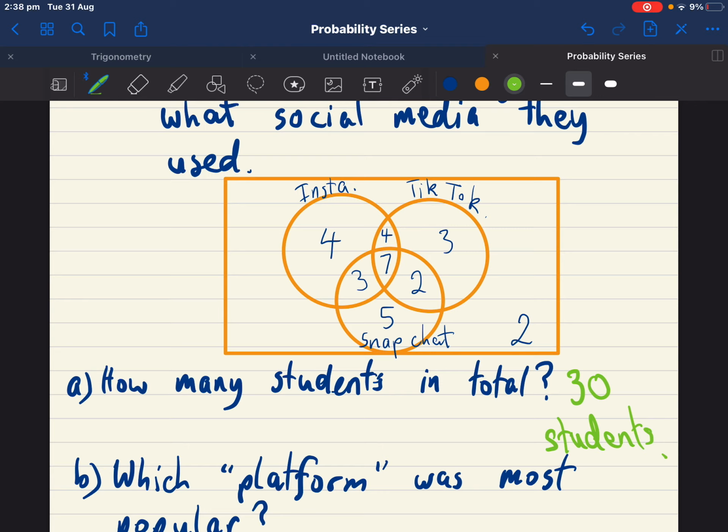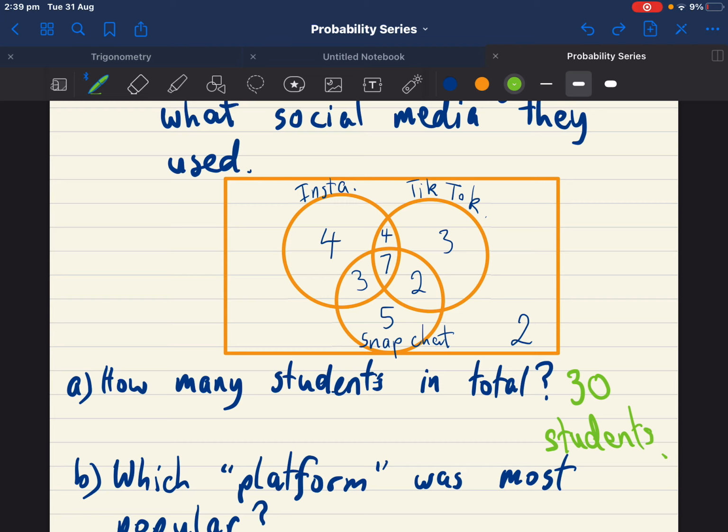If you look at that Instagram circle, that 7 is inside that Instagram circle. If you look at the TikTok circle, likewise, that 7's in the TikTok circle. And if you look at the Snapchat circle, bang, look at that, 7's in there as well, right? What that 7 refers to is there were 7 students that used all 3 platforms.